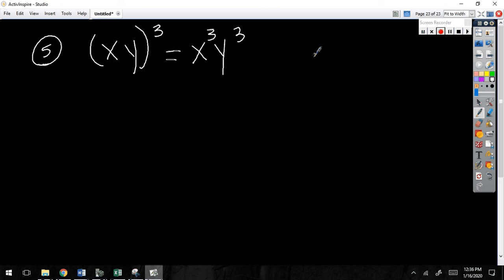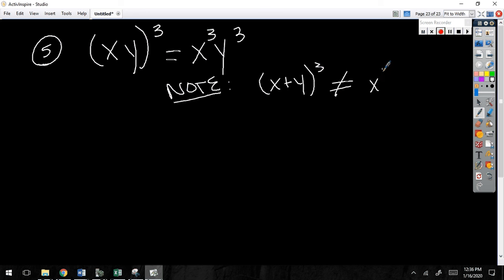I'm going to make a note here just so you remember. Note: x plus y cubed does not equal x cubed plus y cubed. That would actually be a FOIL type problem that you would have to multiply 3 times to itself.